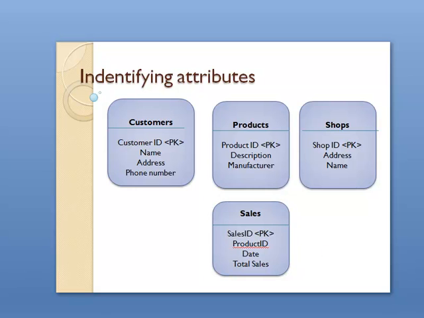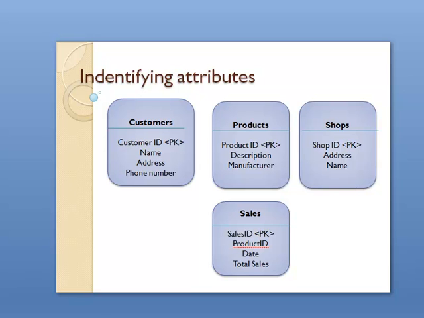Now the reason I've done it like this is because I wanted you to see already, before we even look at the link tables and the link attributes that are in them, that even in our sales entity here we have a product ID that is not in its own table.